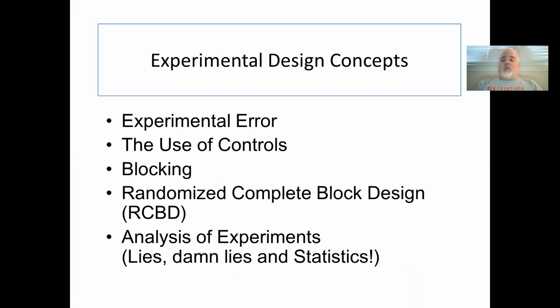So we'll look at a number of concepts: experimental error, the use of controls, blocking, a method of designing experiments called the randomized complete block design, and analysis of experiments, what I call lies, damn lies, and statistics. It's one of the things that I find fascinating about statistics, as well as troubling.